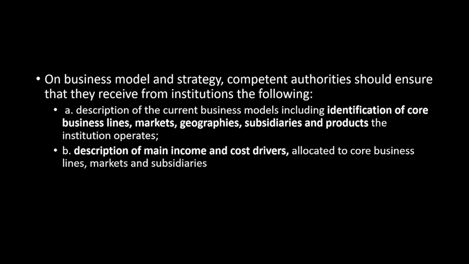On business model and strategy, competent authorities should ensure that they receive from the institution a description of the current business models, including identification of core business lines, markets and geographies, and subsidiaries and products. Now these things are not required as part of the pillar 1 capital assessment, wherein banks are not supposed to provide too much detail about what the core business lines are, what markets we are operating in, what geographies we are present in, and what the subsidiaries are.